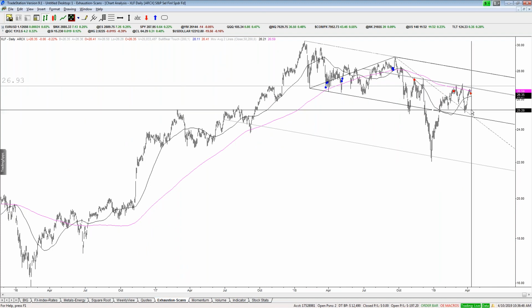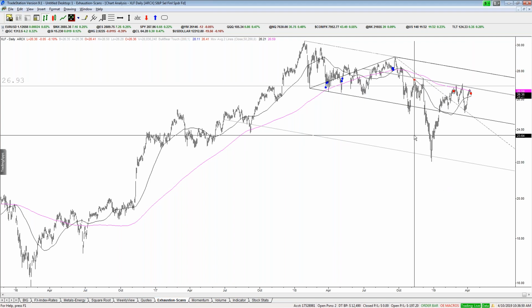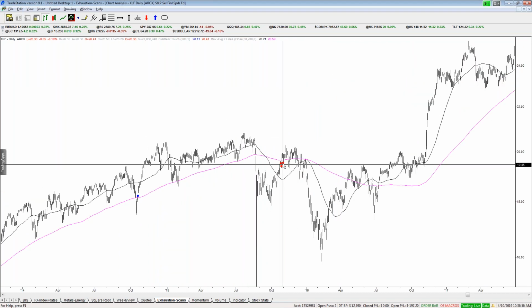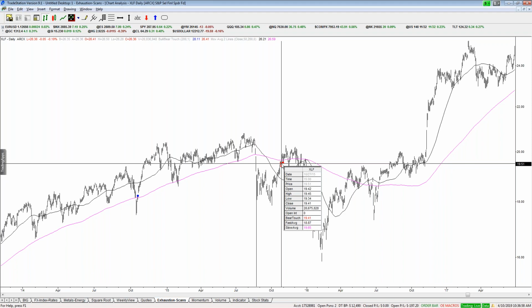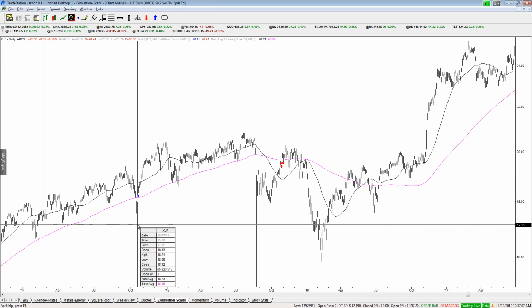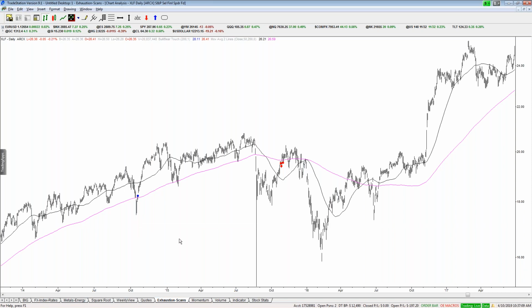Well, we got one yesterday, and as you can see, you had some pretty good ones since November, of course. Even the buys weren't bad, right? Going back in time, sell warnings here, October 2015 would have been obviously early, but you get the idea. At least it told you what kind of environment you were in. A buy was back here in 2014. That would have been pretty good.